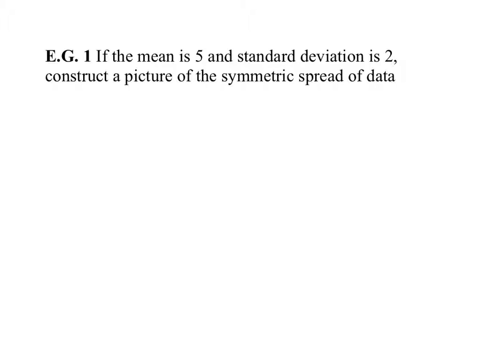When your data is symmetric, you can use the mean and the standard deviation to get a visual of the spread of data. So the mean gets planted in the middle of a number line, and the standard deviation tells you how to count above the mean or below the mean.